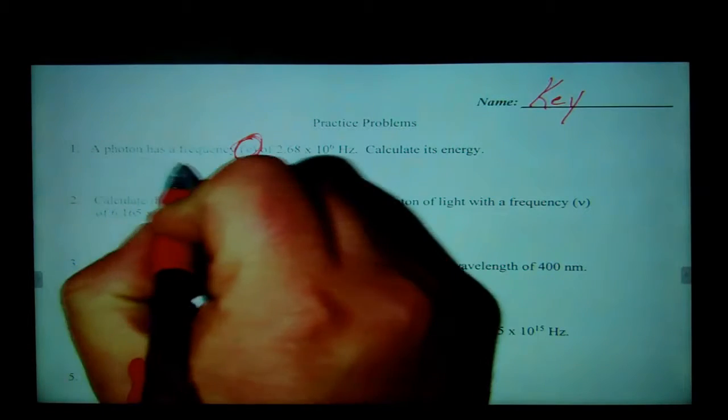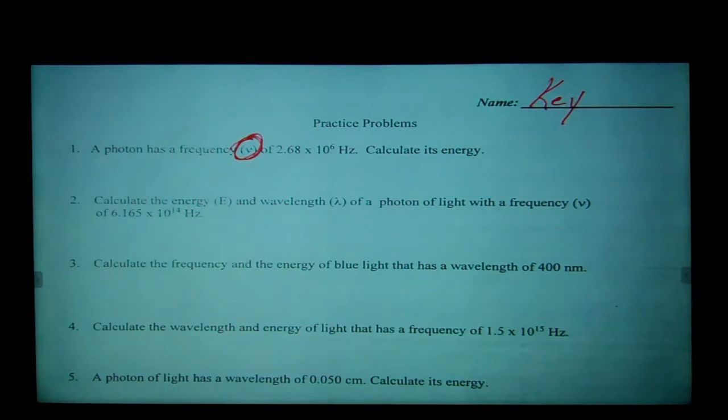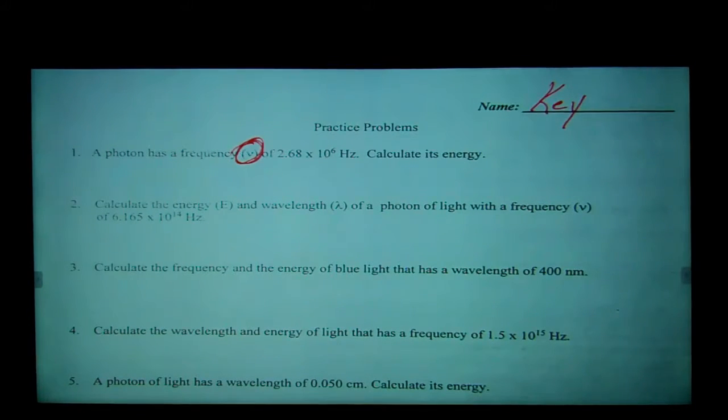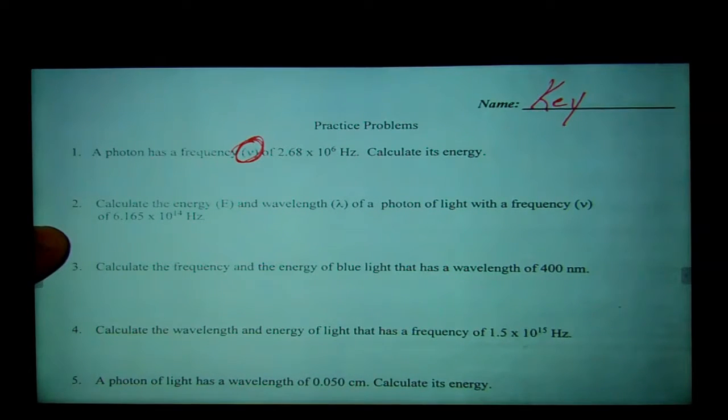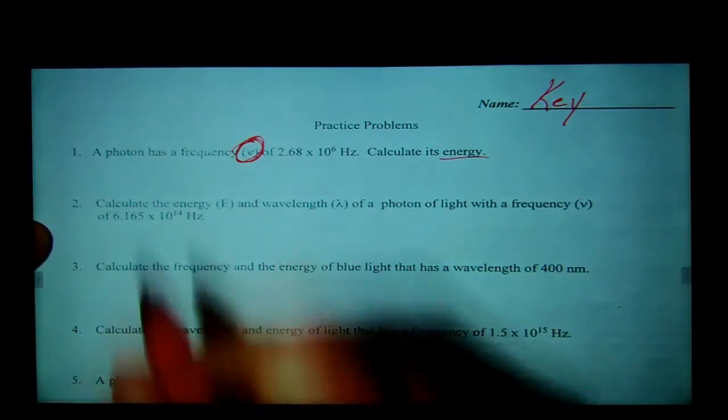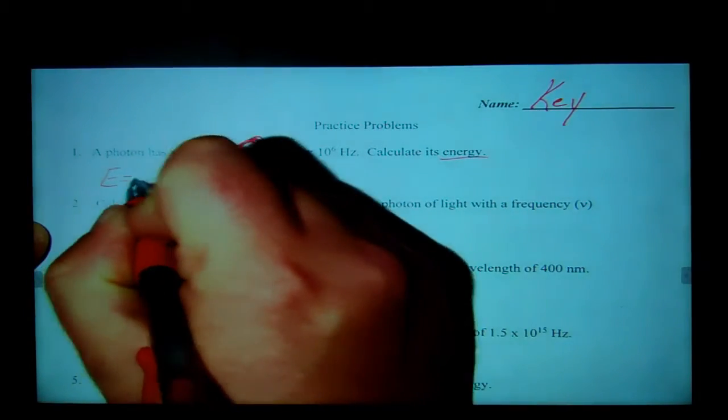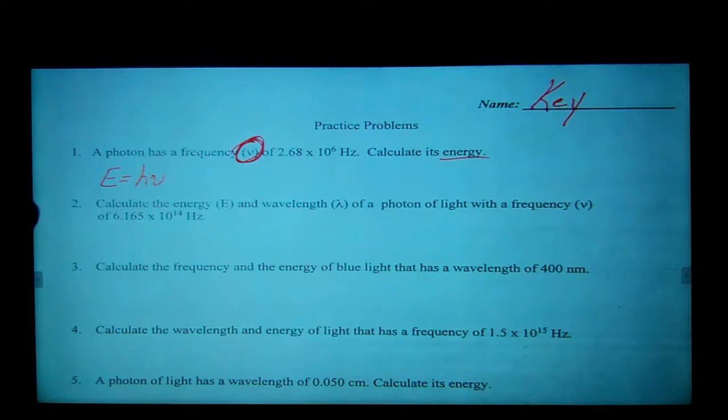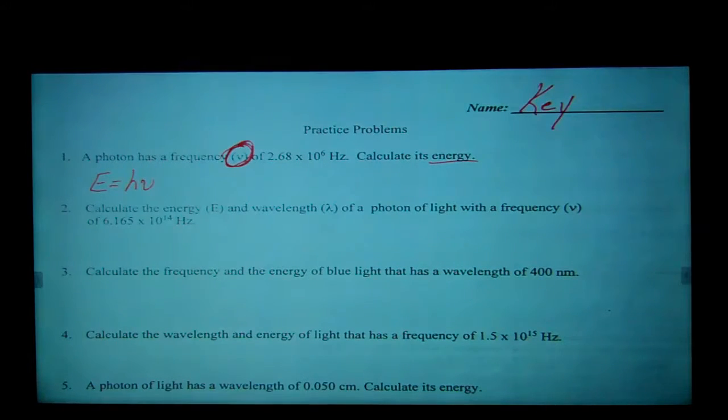Alright, so in this, a photon has a frequency of 2.68 times 10 to the 6 hertz. Calculate its energy. In this case, look where you're starting. We're trying to calculate energy, so we're literally going to use the energy equation. To use the energy equation, we must have frequency. This problem's really simple.